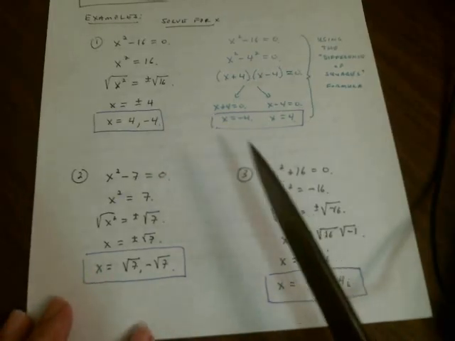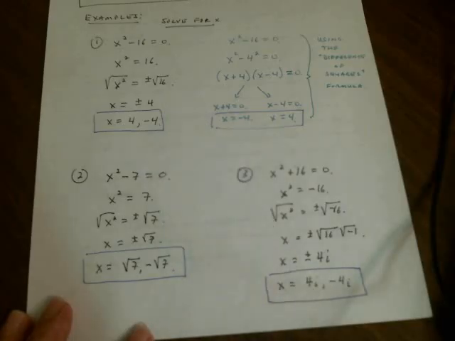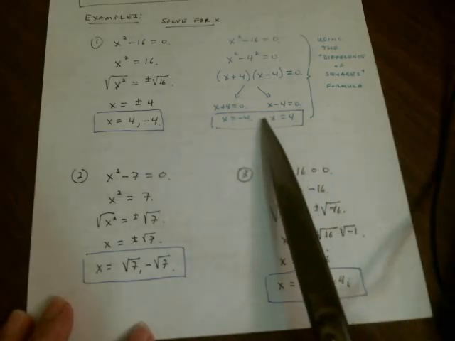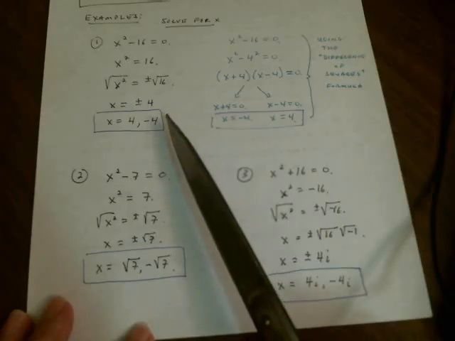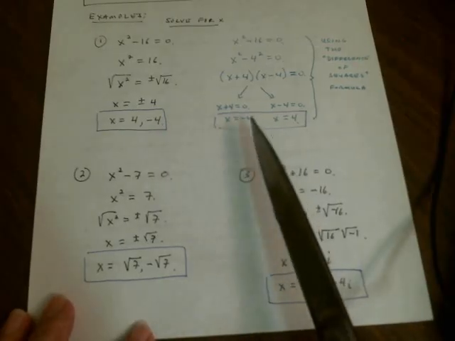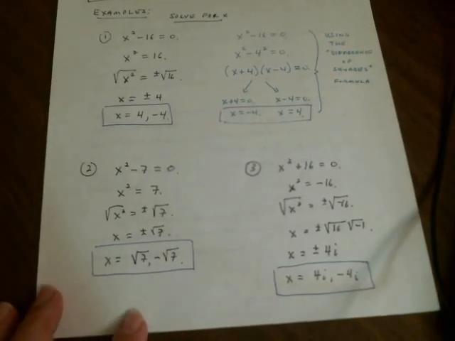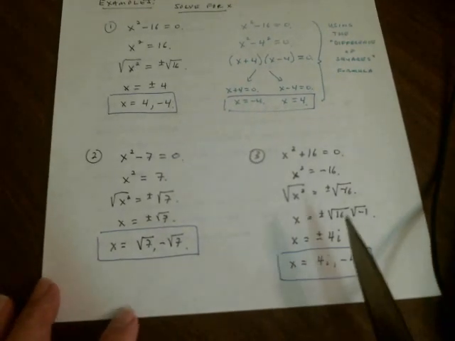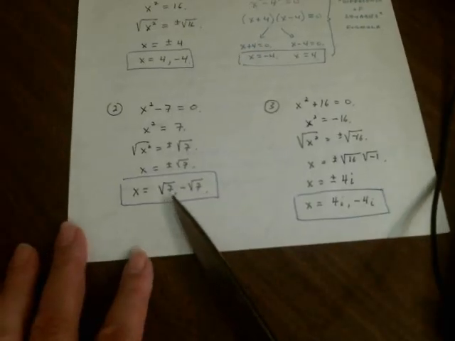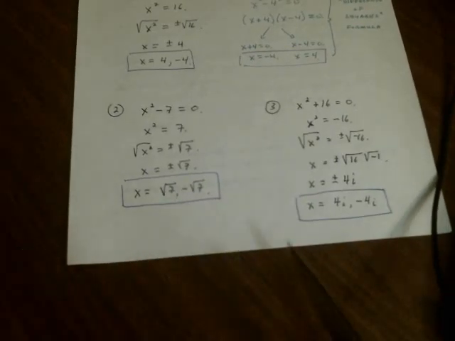Okay, so in problem one, we had the option of doing it by this other factoring method, but one reason for having this alternative method of square roots is that you can't very obviously do the difference of squares property in problem two. Here, x squared minus 7 equals 0, and 7 is not a perfect square.